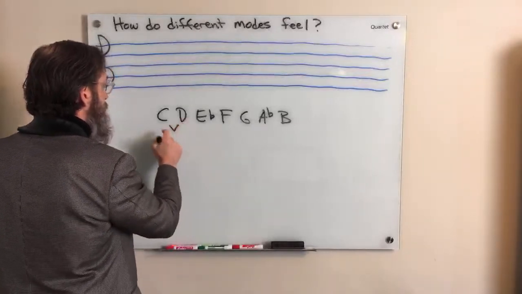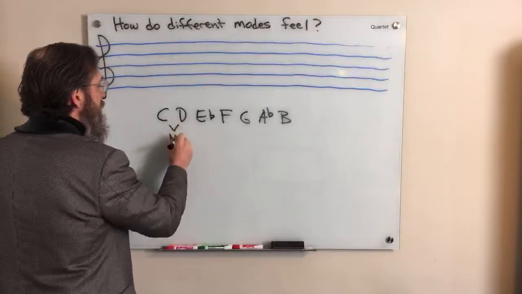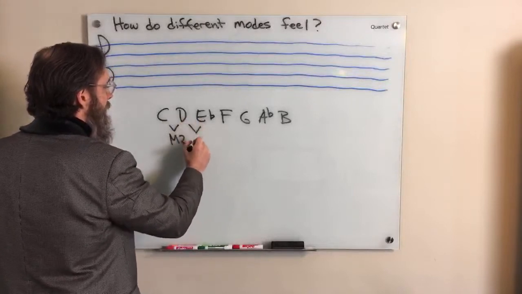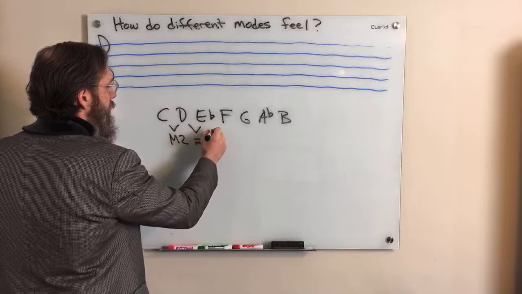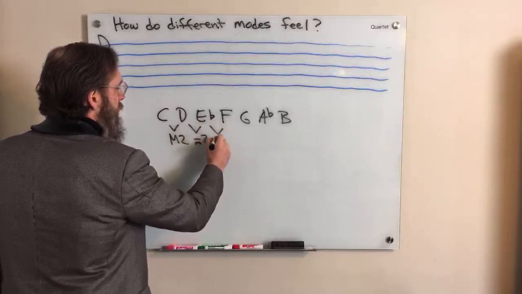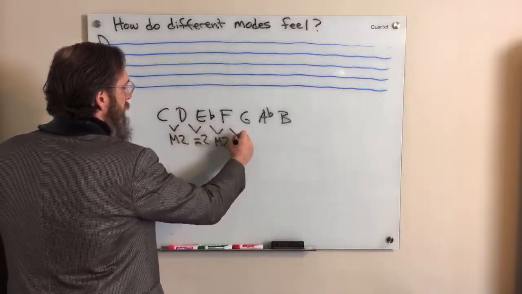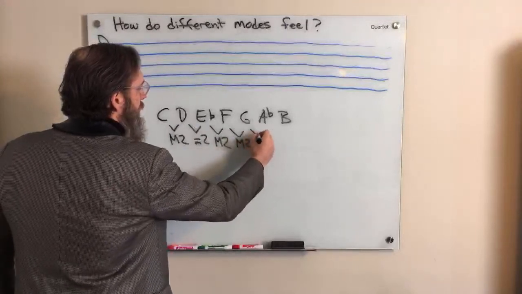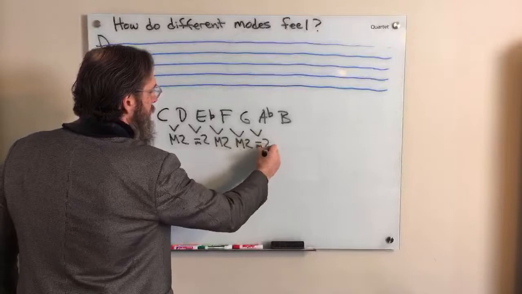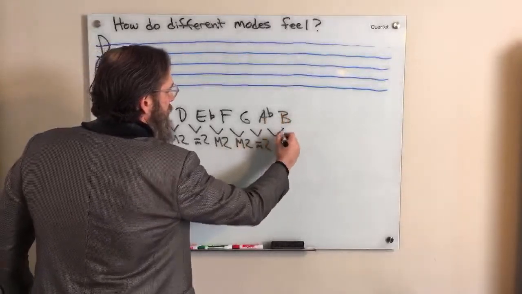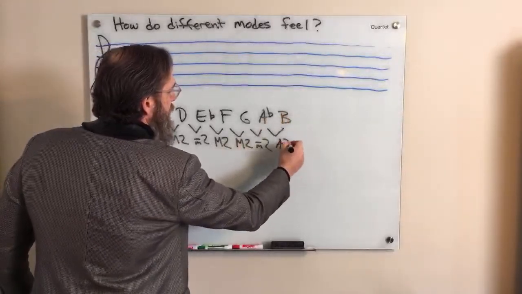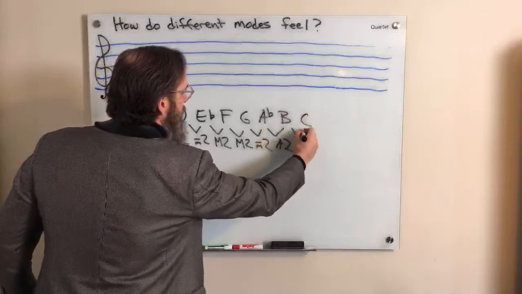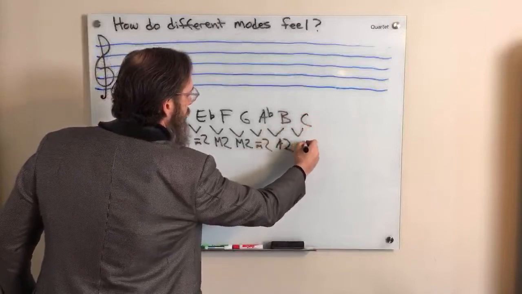So the first interval, C to D, is a major second, D to E flat is a minor second, E flat to F, major second, F to G, major second, G to A flat, minor second, A flat to B, augmented second, and I will put the C at the top to wrap it up, which is another minor second.